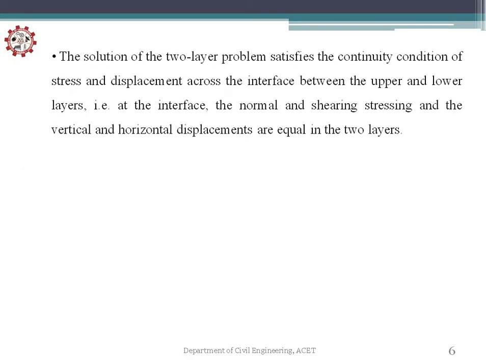The solution of the two-layer problem satisfies the continuity condition of stress and displacement across the interface between the upper and lower layers, that is, at the interface the normal and shearing stresses and the vertical and horizontal displacements are equal in the 2 layers. The value of Poisson's ratio is taken as 0.5 always.